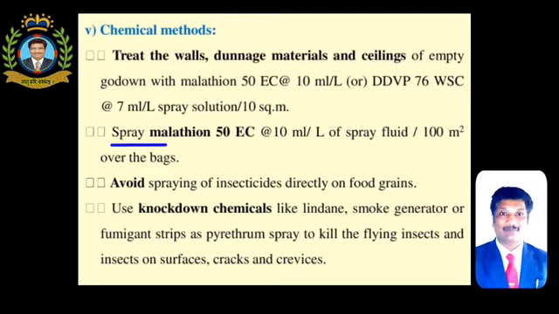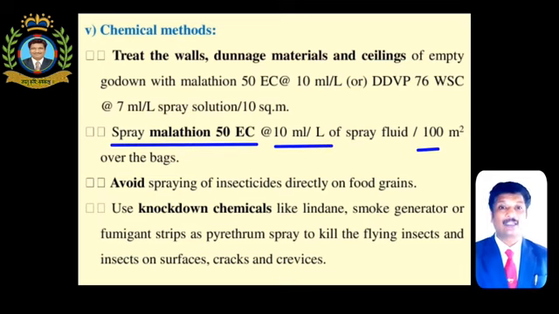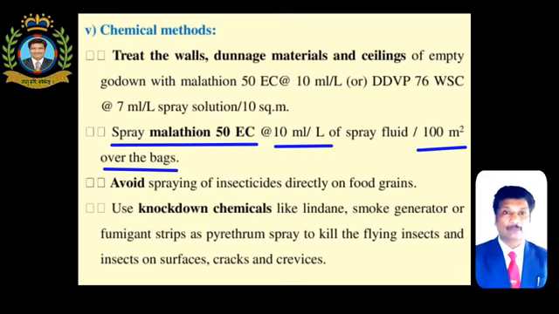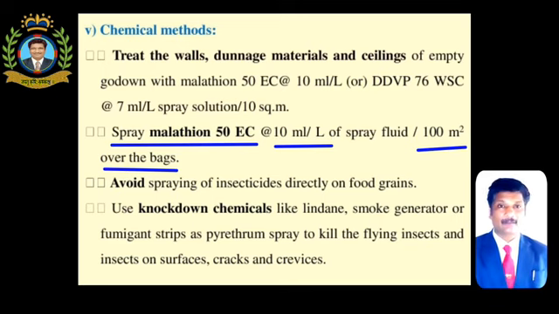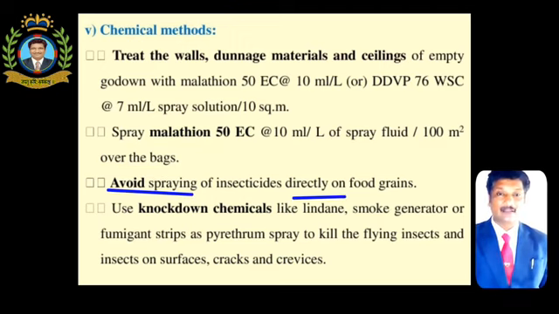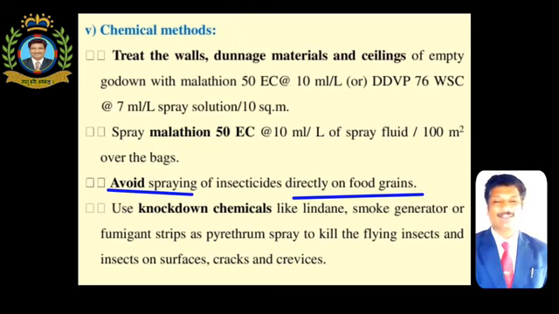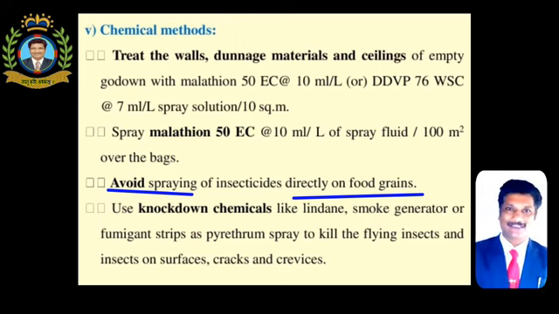Also, spray Malathion 50 EC at the rate of 10 ml per liter for a 100 square meter area whenever the storage is in the form of bags. Try to avoid spraying directly on the stored food grains.